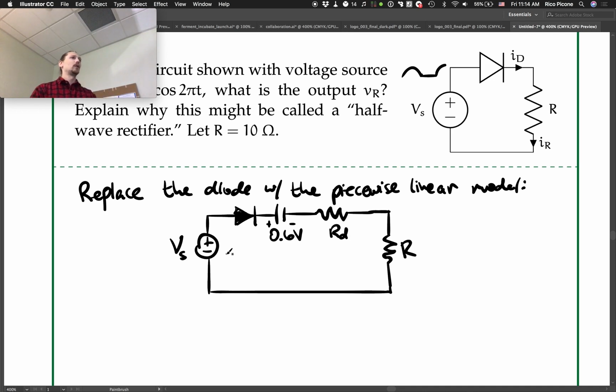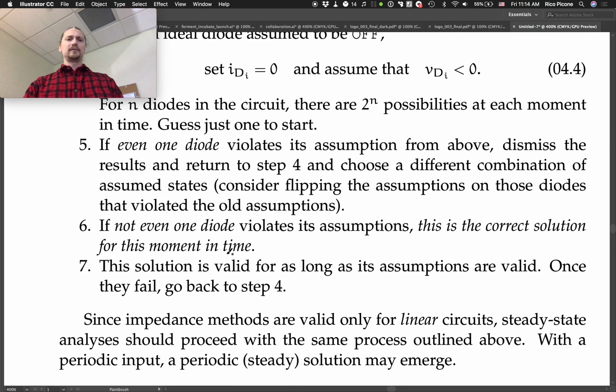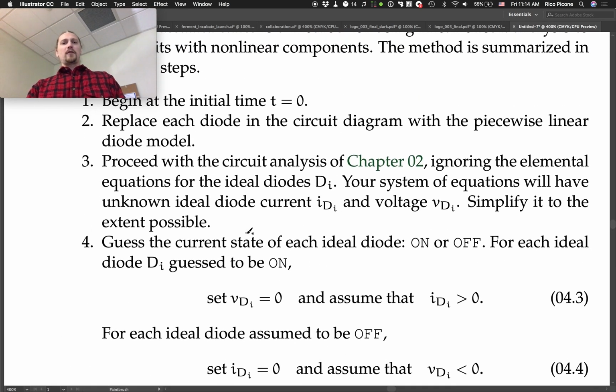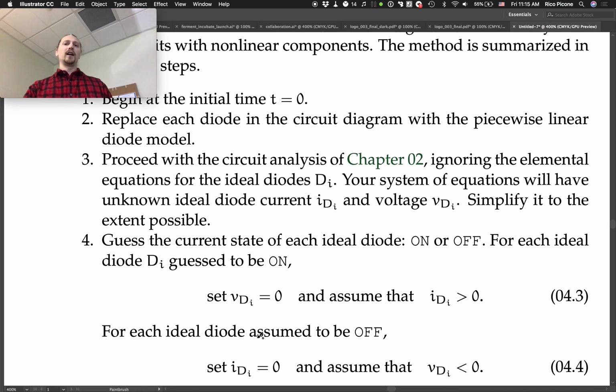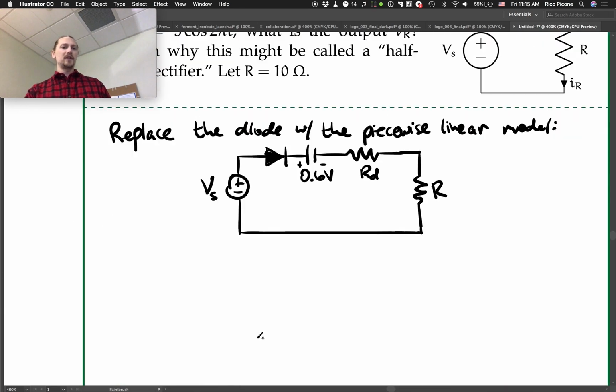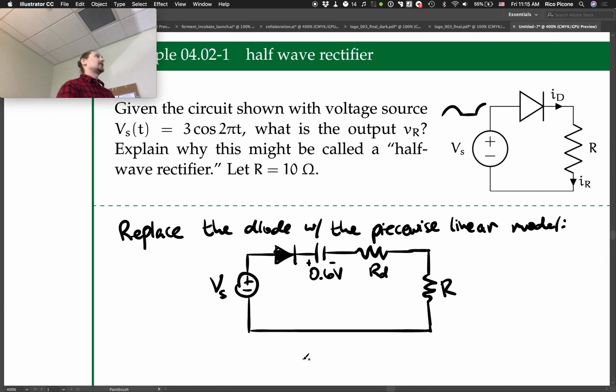I think this was step 3: proceed with the circuit analysis of chapter 2, ignoring the elemental equation for the ideal diodes. We're going to come up with a system of equations that is missing one equation, well, one for each diode.